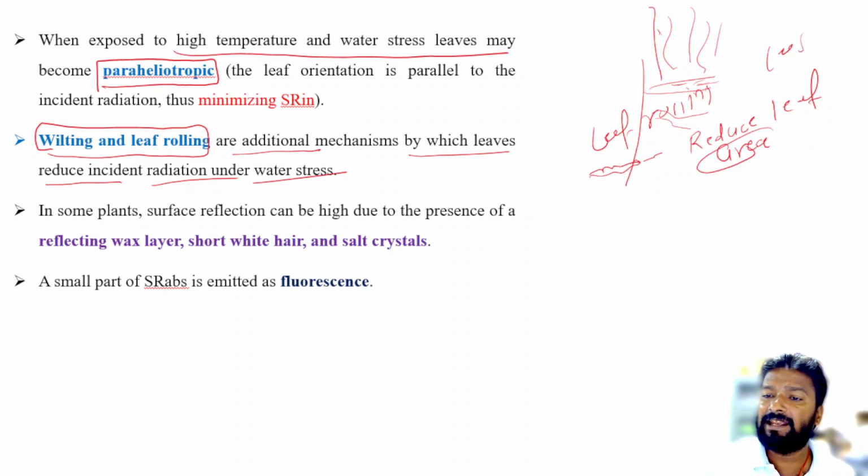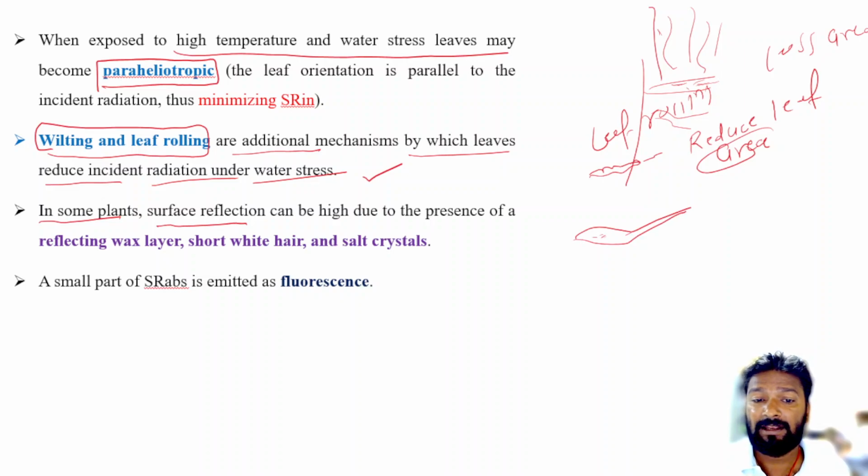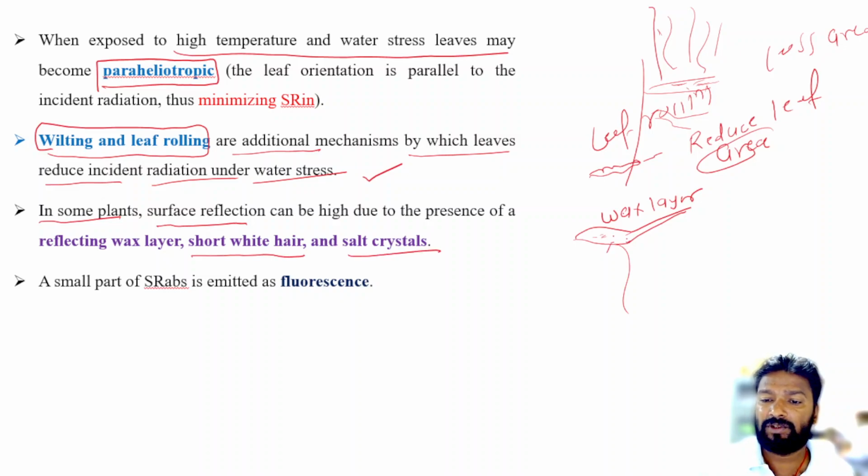So less leaf area is available for the absorption, and with the wilting of the leaves, they reduce the leaf area, so they also reduce the absorption of solar radiations. In some plants, surface reflections means they change their surface property, means there will be an accumulation of some reflecting wax layer or short white layer or salt crystals, so they reflect more.